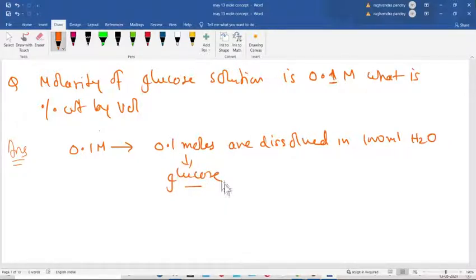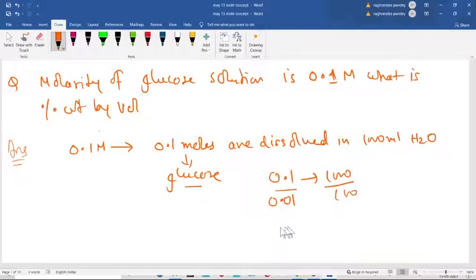So 0.1 mole glucose is dissolved in 1000 ml. How much is dissolved in 100 ml? That will be 0.01.